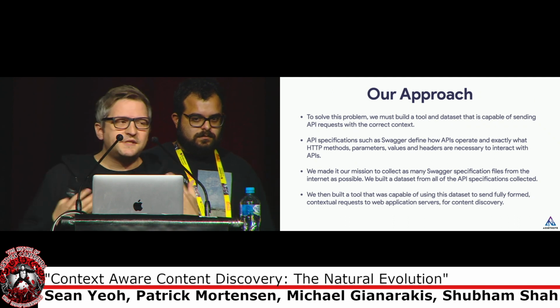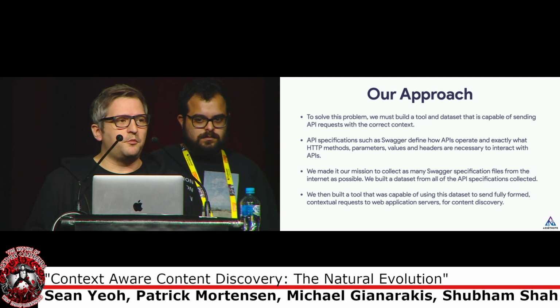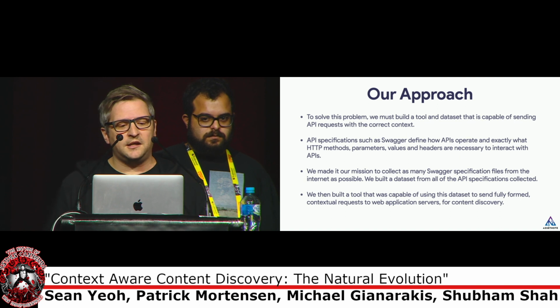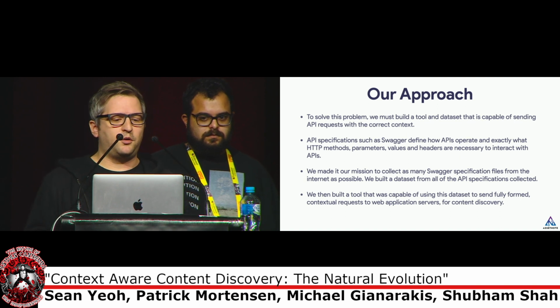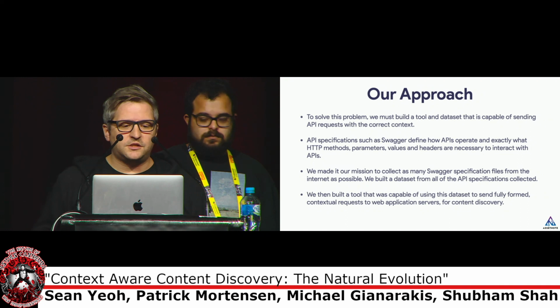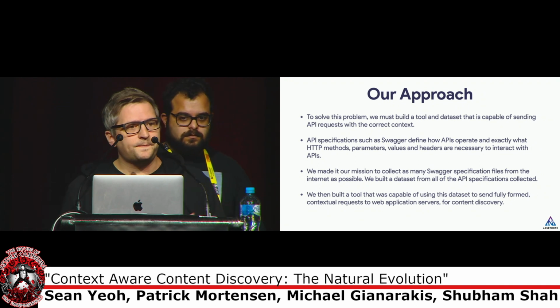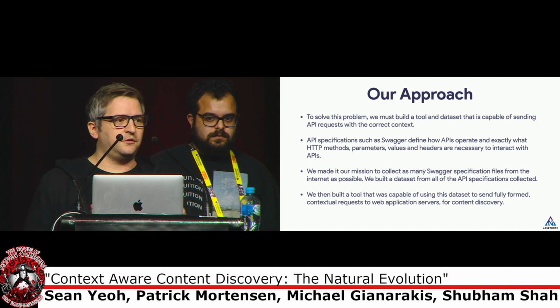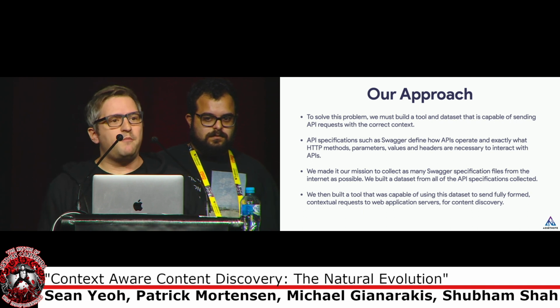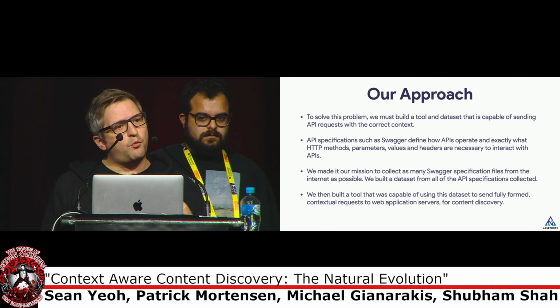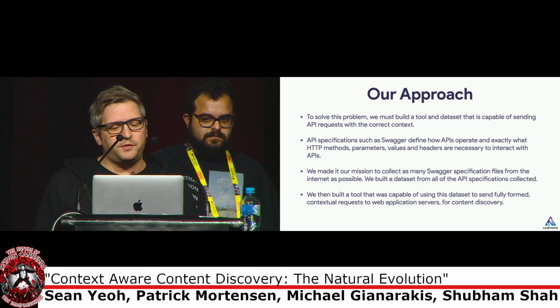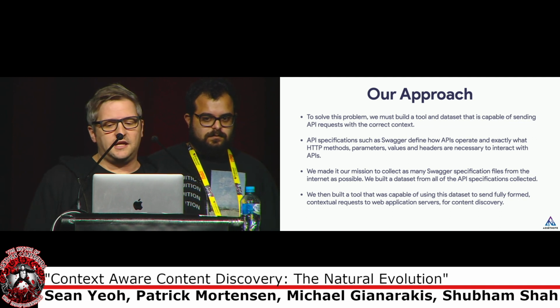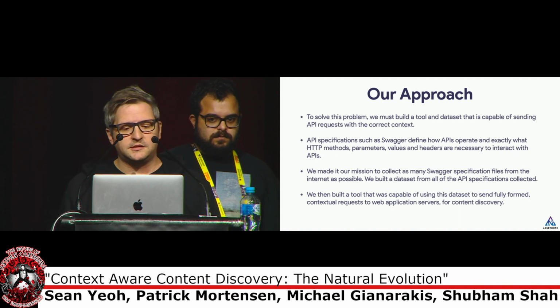So what did we do? What was our approach? To solve this problem, we decided to build a tool and a data set that is capable of sending these API requests with the correct context. API specs such as Swagger define how APIs operate and exactly, to a high degree of specificity, what methods are required, what the parameters are, what types of values should be in those parameters, and any headers that are necessary to interact with those APIs.